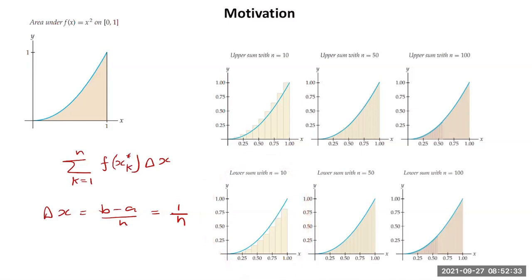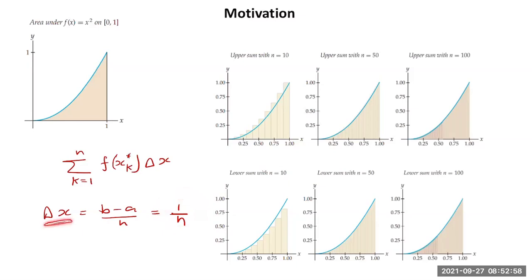Okay. As you can see here, if your function is a positive function, the lower sum is kind of an underestimate for the area under the curve, and the upper sum is sort of an overestimate for the area under the curve. As you can see here also, when you make your delta x smaller, delta x means the width of a rectangle.